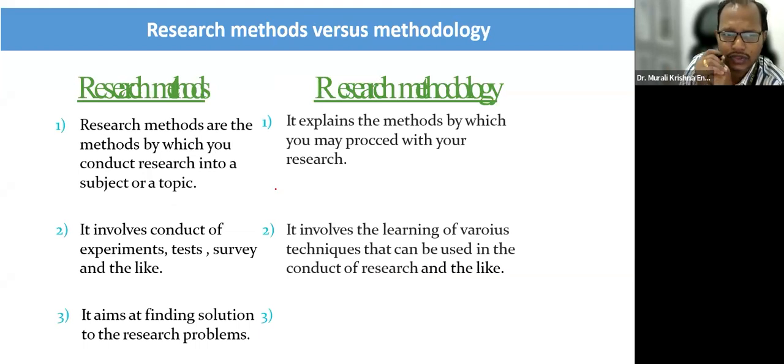So here there are methods and methodology. Both are different; here I am separating them. Methods are what you applied when you conducted the research, that is exactly the research methods: conducting experiments, tests, and surveys. You are also involved in learning various techniques that can be used.